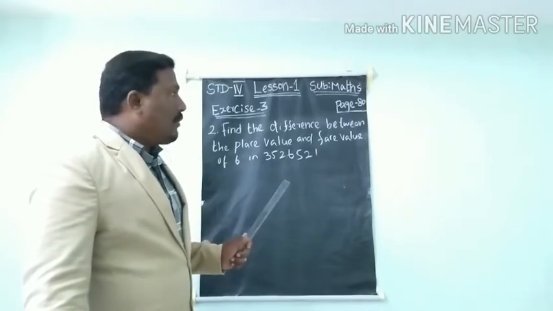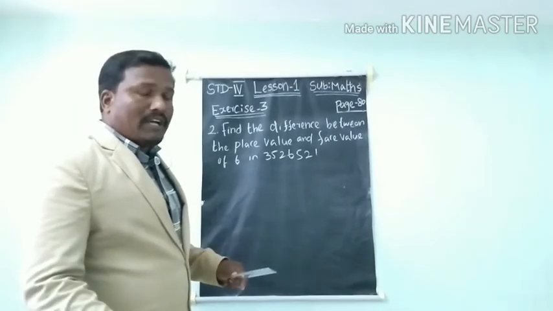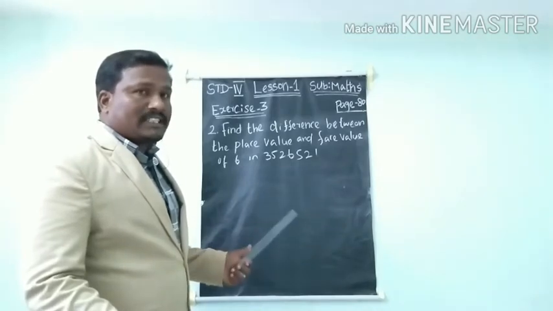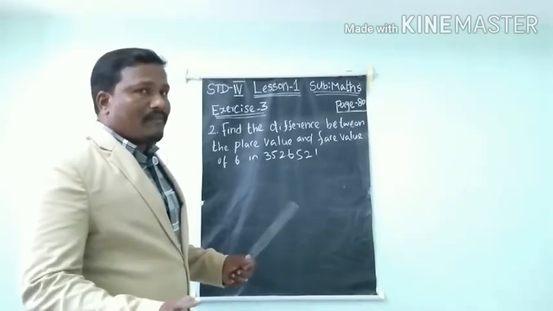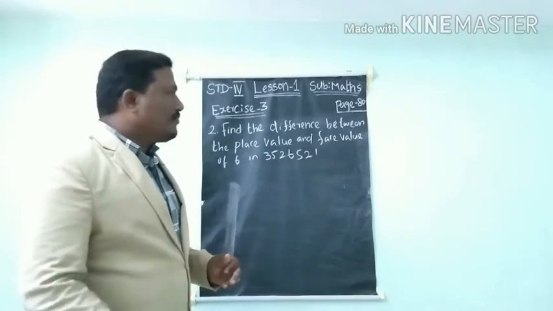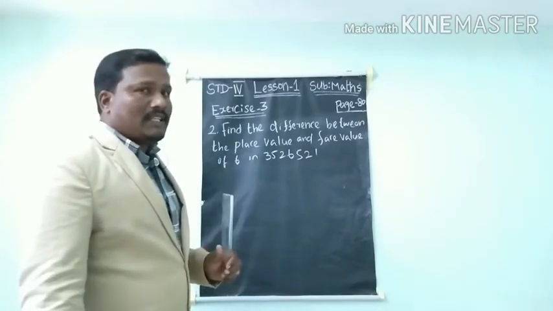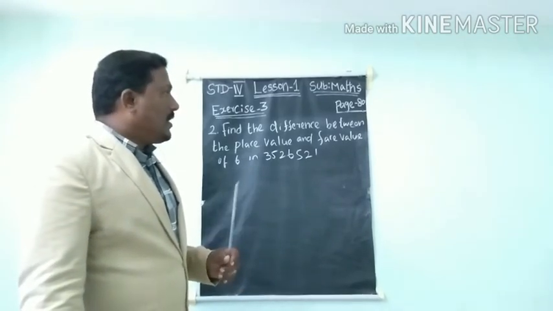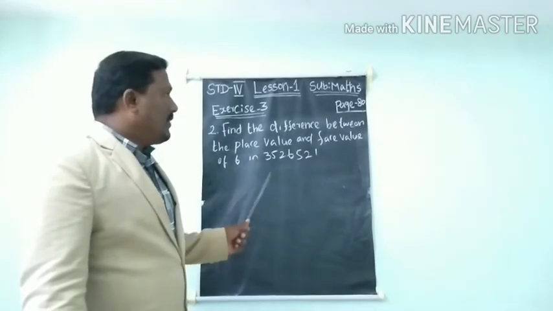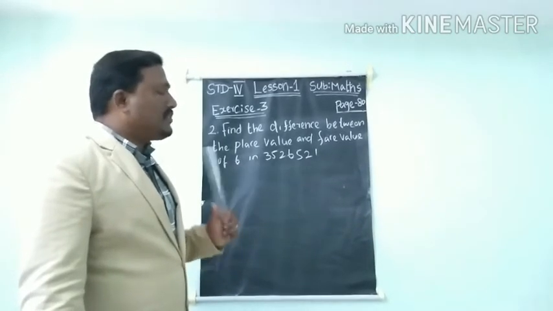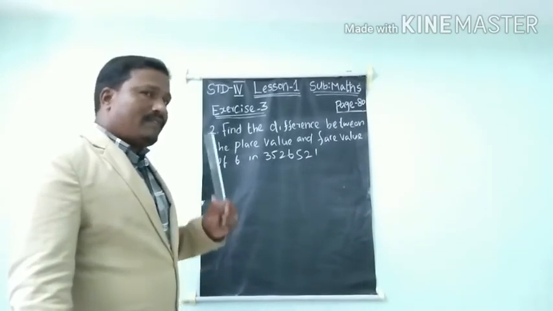We have to find the place value of 6 and the face value of 6, and then find the difference. So how do we find the difference? I will tell you one by one. First we find the face value.